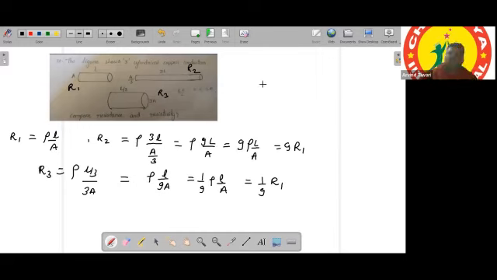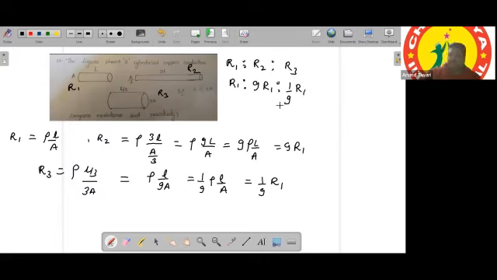So you can get here the ratio as R1 : R2 : R3. R1 we have, R2 in terms of R1 is 9 R1, and R3 in terms of R1 is 1 by 9 of R1.